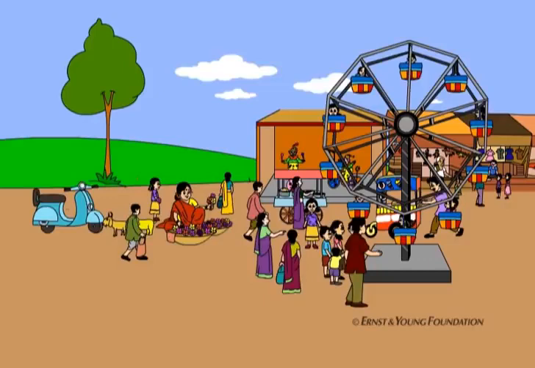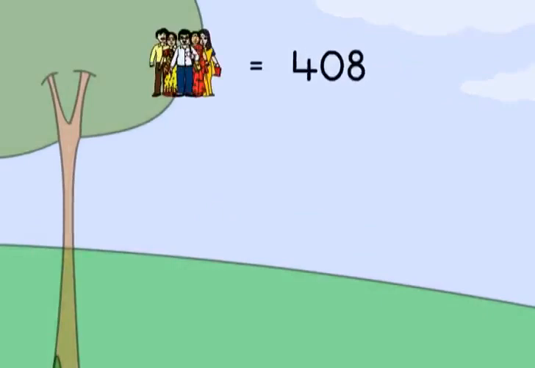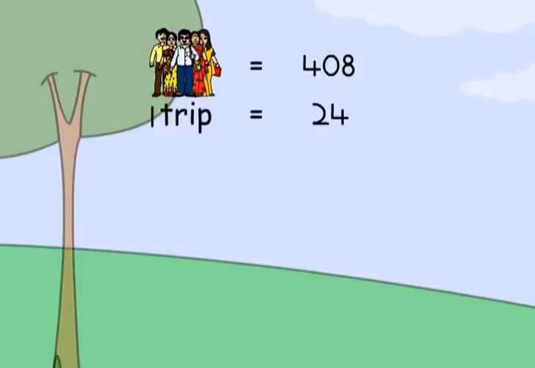There was a big fair in a village. 408 people want to take a ride in the giant wheel. But the giant wheel can take only 24 people in one trip.